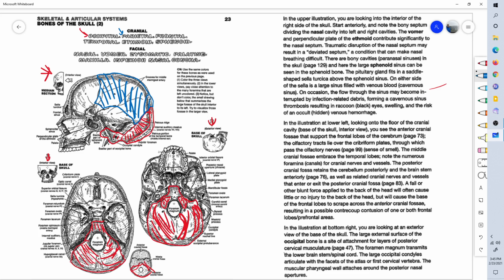Most of it has been cut off in this view. The rest of the parietal bone, as I said, most of it's been cut off. It's superior to the temporal bone. It represents most of the side of the head.